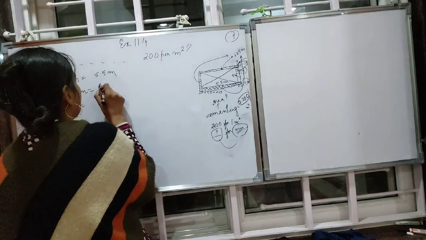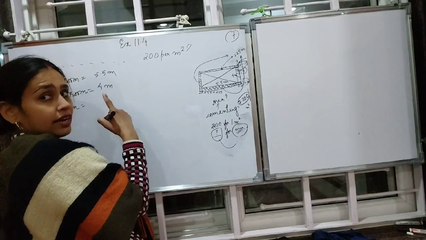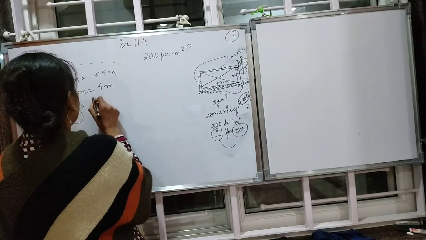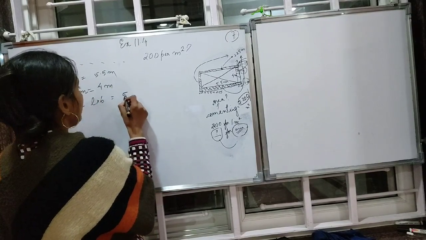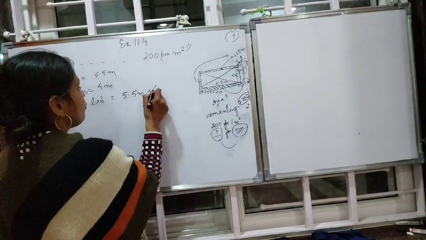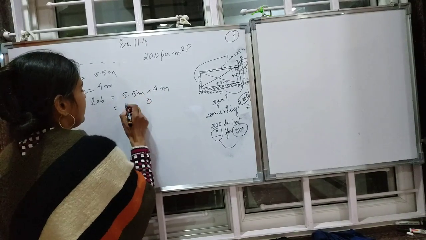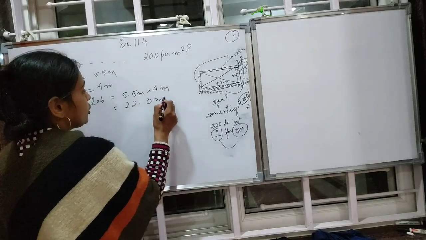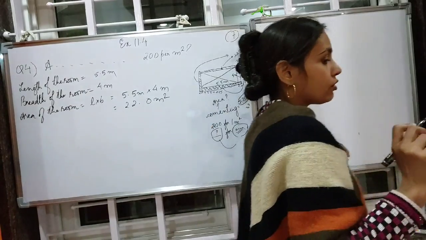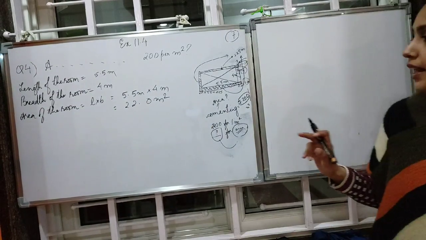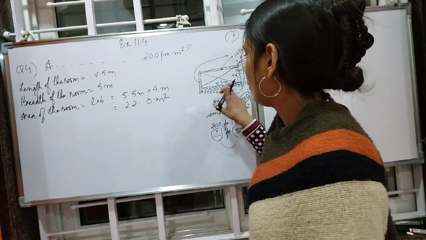What is the breadth? 4 meters. One minute, I'll move aside and then you can see. That is length into breadth, which is 5.5 meters into 4 meters, which gives us 5 4s are 20, 5 4s are 20, 22. 22.0 meter square. This is the area of the room.